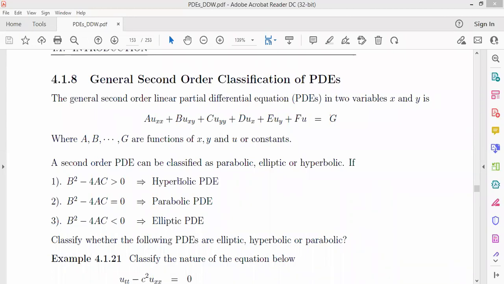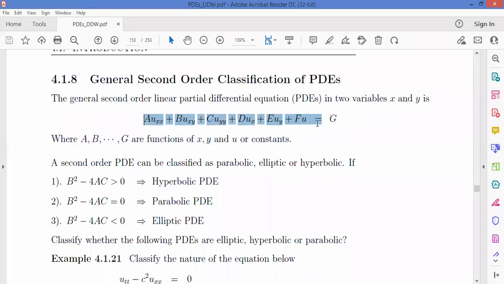Remember, I told you a PDE can be elliptic, parabolic, and hyperbolic. So we have a system there, and here you have to be mindful. If you have AUXX, this is second order.